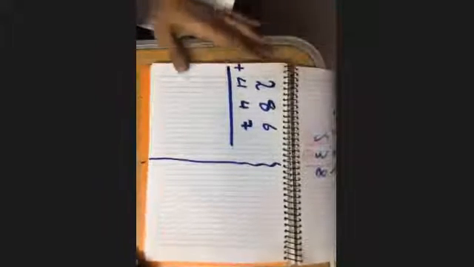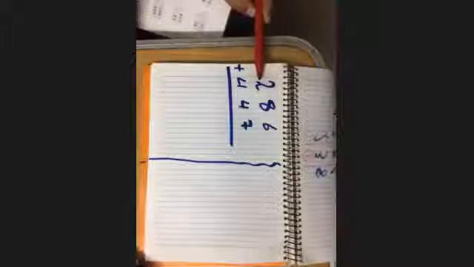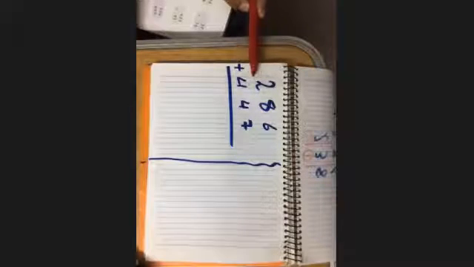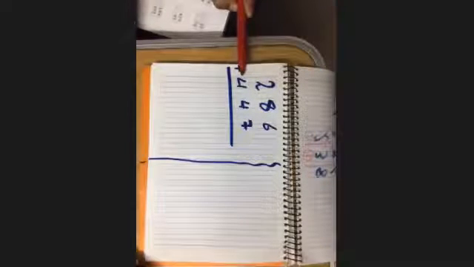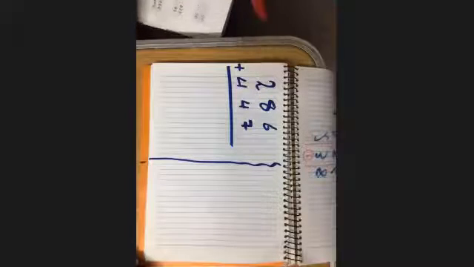Tia, can you hear me? Yeah. Okay. Can you read this number, Tia? 286. Okay. And this one? 447. Okay. I want to add 286 and 447.